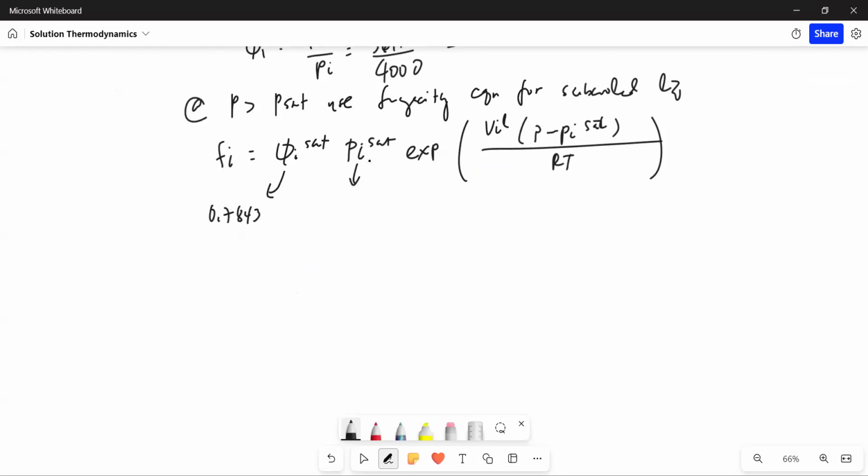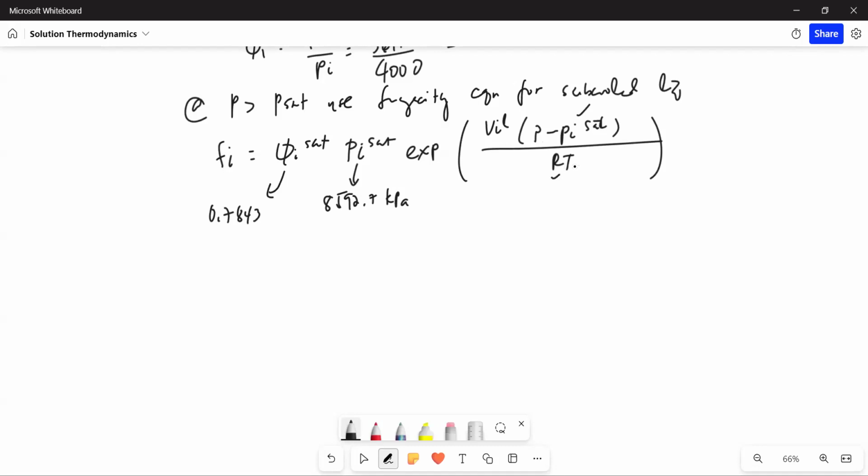How about our Pi saturated? It's simply 8592.7 kilopascal. This is our saturation pressure, so this is already known. We know that this is the given pressure, which is 10,000. If you still want to calculate between 8,592 and 10,000, for example at 9,000, then please do so. But for this example, let's just use 10,000.